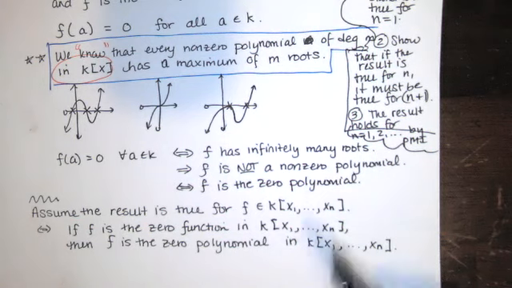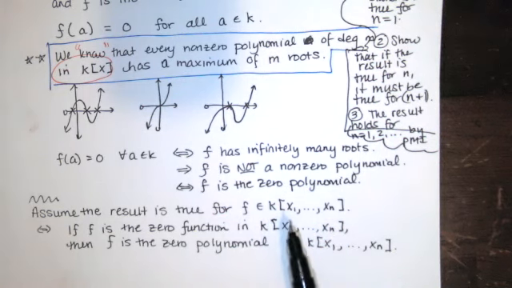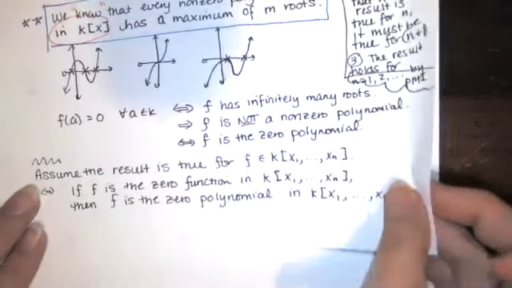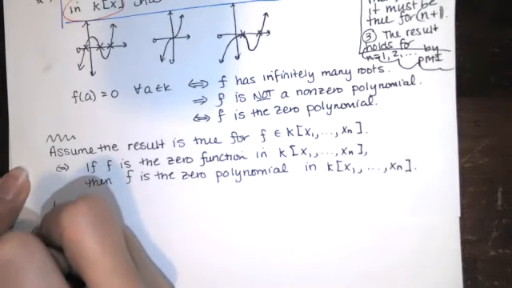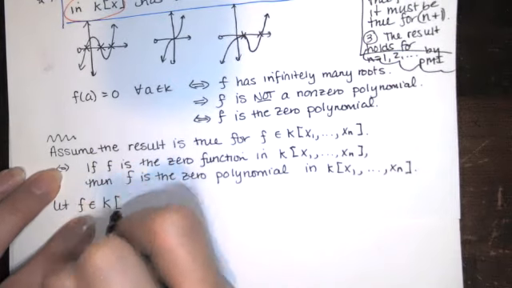Now the question is, well, if that's true, what can we say about 0 functions in the set of polynomials with coefficients in the infinite field k that have n plus 1 variables? So let's let f be a polynomial in this field now.